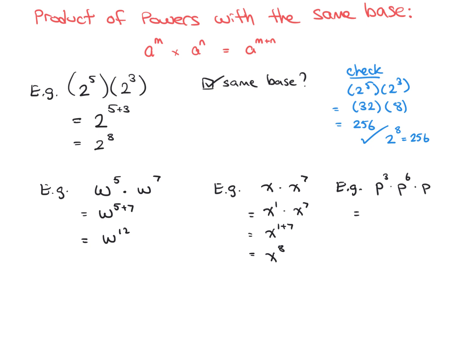Do all 3 powers have the same base? Yes, they are all p. So the exponent law still applies. You just have to add 3 exponents now instead of 2. So this will be p to the exponent of 3 plus 6 plus 1. Remember, the last p there has an exponent of 1. Add it all together, and that makes p to the exponent of 10.